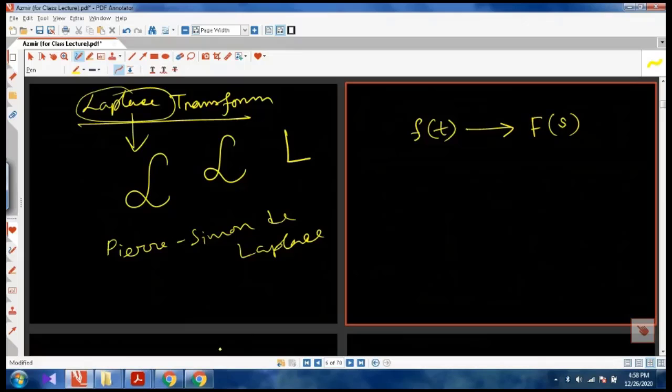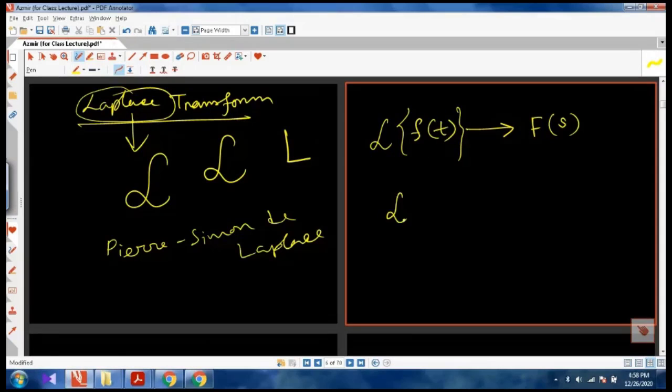This is the main thing. So any function f of t will be converted to another function f of s by using Laplace transform.